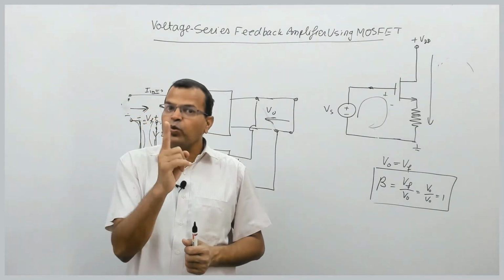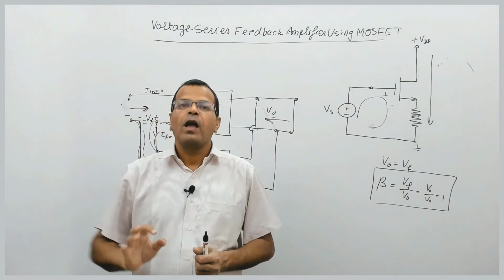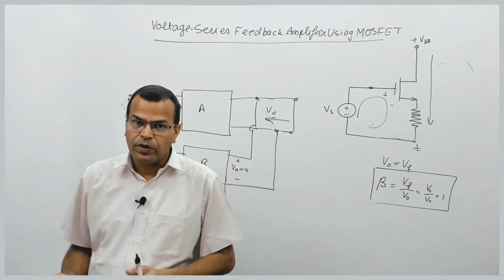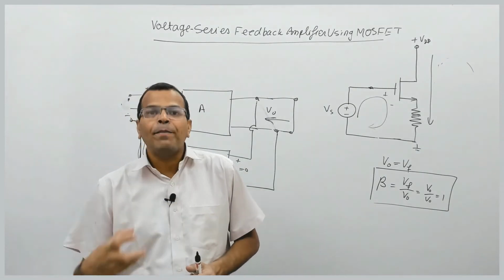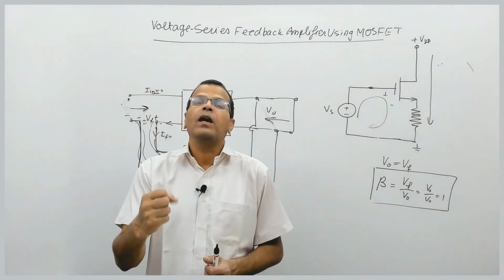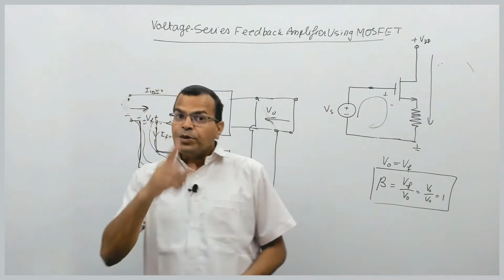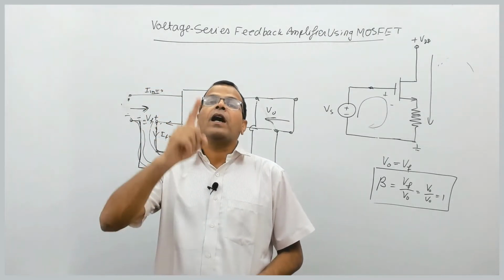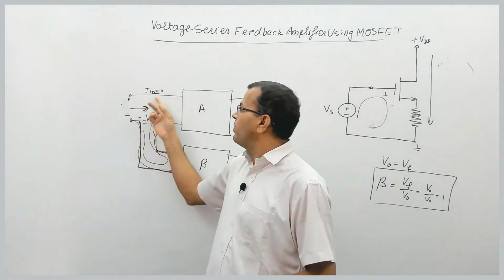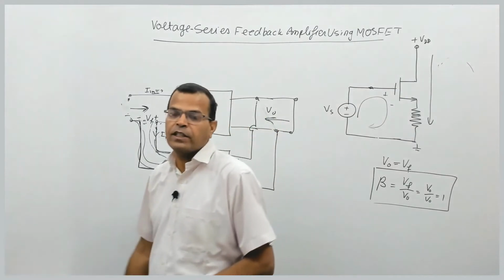In case of shunt sampling or voltage sampling, I need to make voltage equal to 0. In case of series sampling or series mixing, I need to make current equal to 0. So this was series mixing, so I need to make current equal to 0, so that there is no current coming from the input side in the feedback circuit.